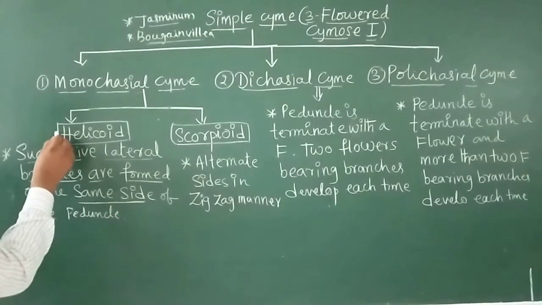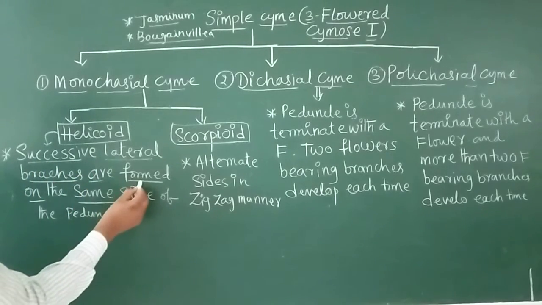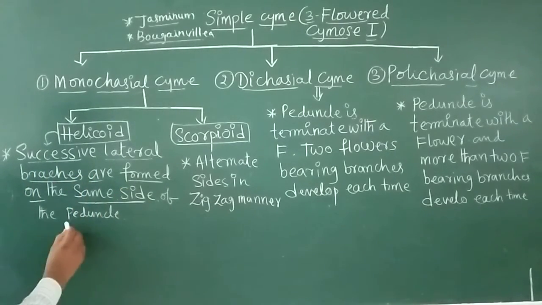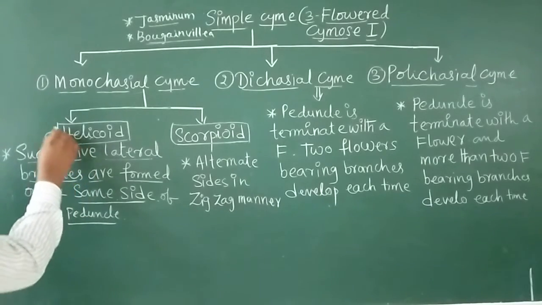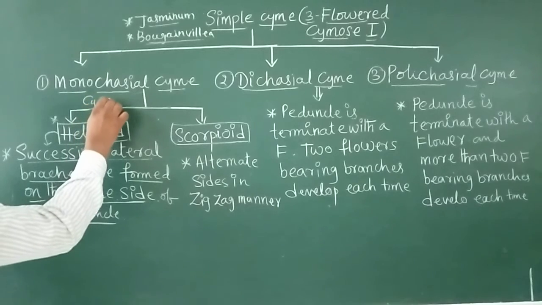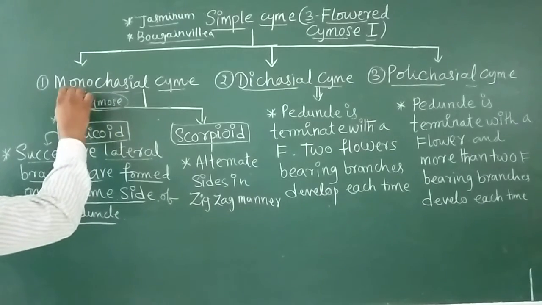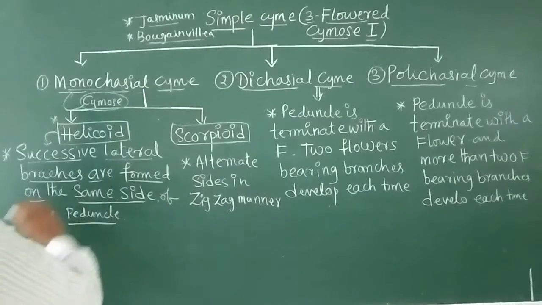Okay, so here helicoid means successive lateral branches are formed on the same side of the peduncle. So this helicoid is one type of cymose inflorescence, the monochasial cyme.